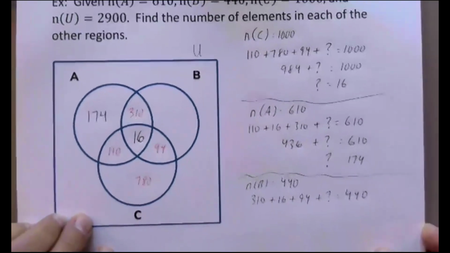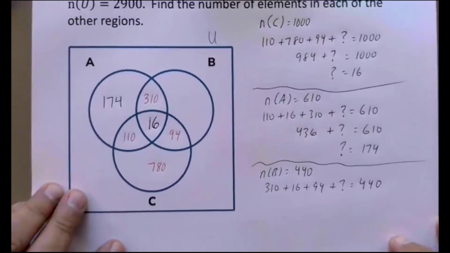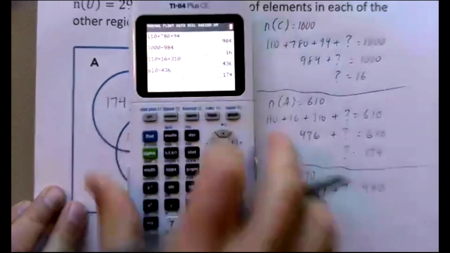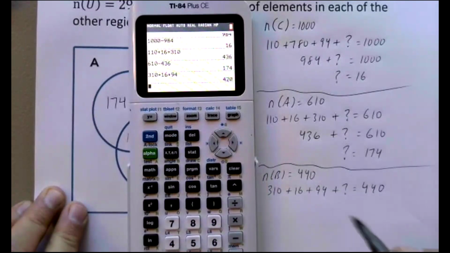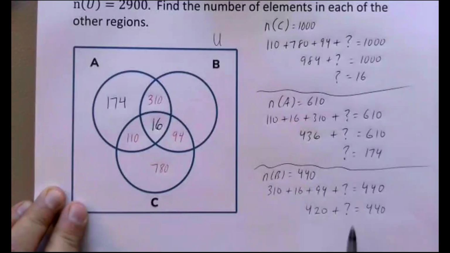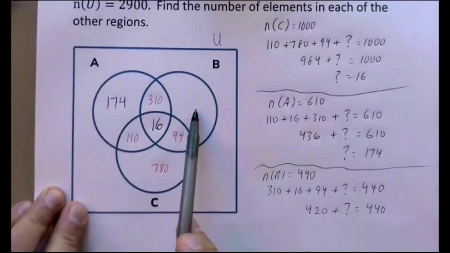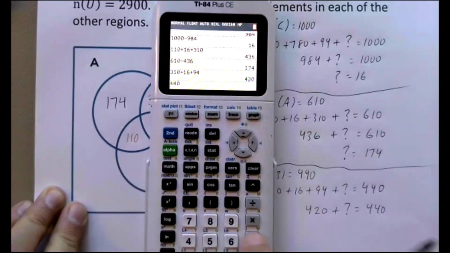So go ahead and add up the 310 and the 16 and the 94. That turns out to be 420 plus whatever that missing part is. That question mark is now referring to here. And you can subtract and you'll see that we get 20.